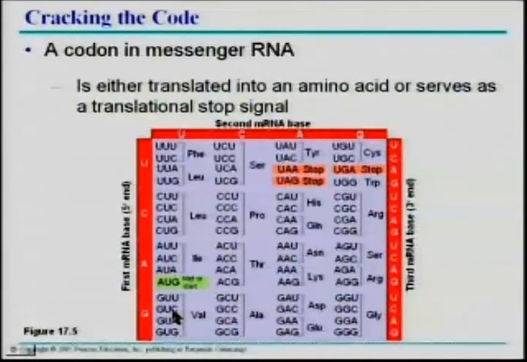The codon, AUG, not only stands for the amino acid methionine, but also functions as a start signal for ribosomes to begin translating the mRNA at that point. 3 of the 64 codons function as stop signals, marking the end of the genetic message.